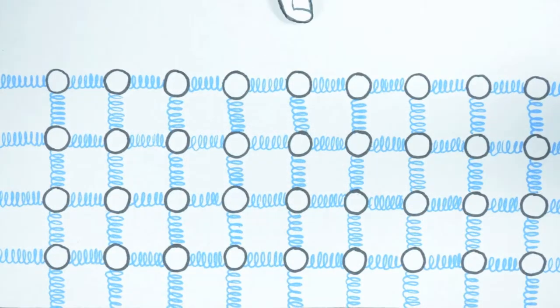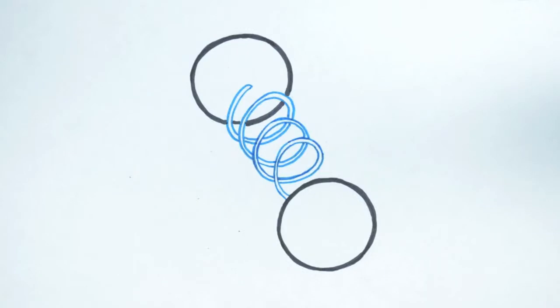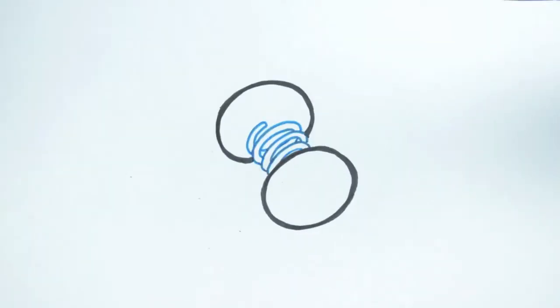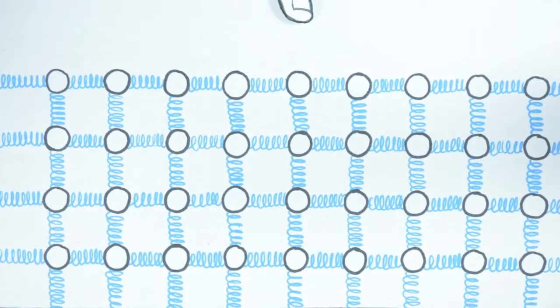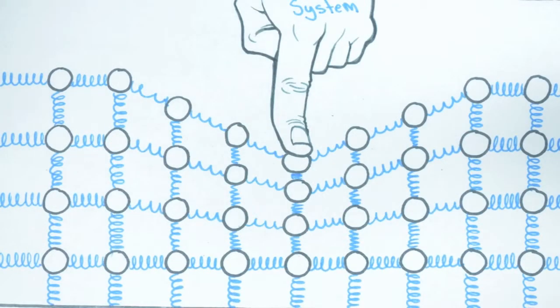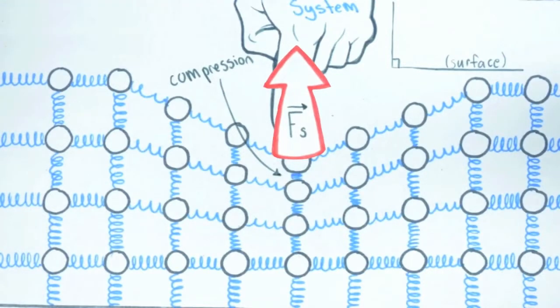However, if the solid is pressed up against our object, then we would expect the spring-like bonds would not be relaxed and forces would arise. So, for example, if the solid surface was pressed directly against the block, meaning pressed in the direction perpendicular to the surface, then we would expect the spring-like bonds to be compressed, and therefore the solid would exert a force on the block perpendicular to the surface.